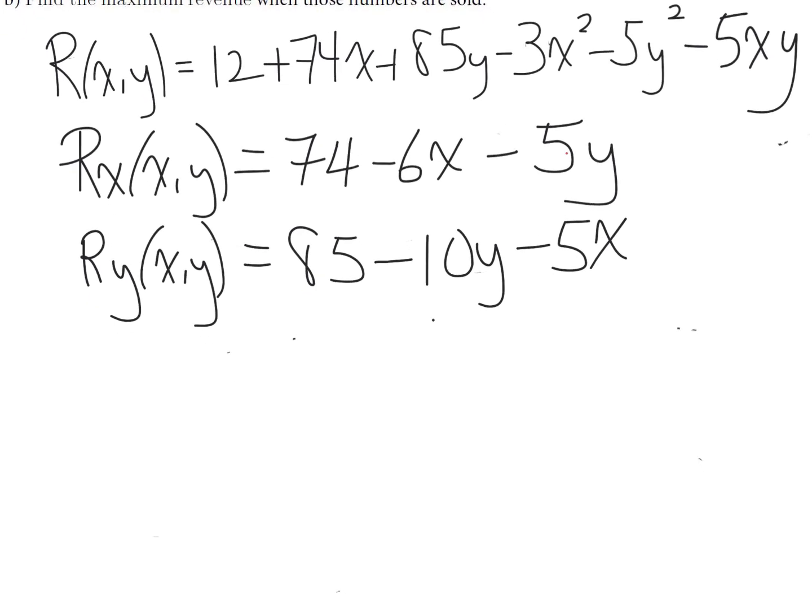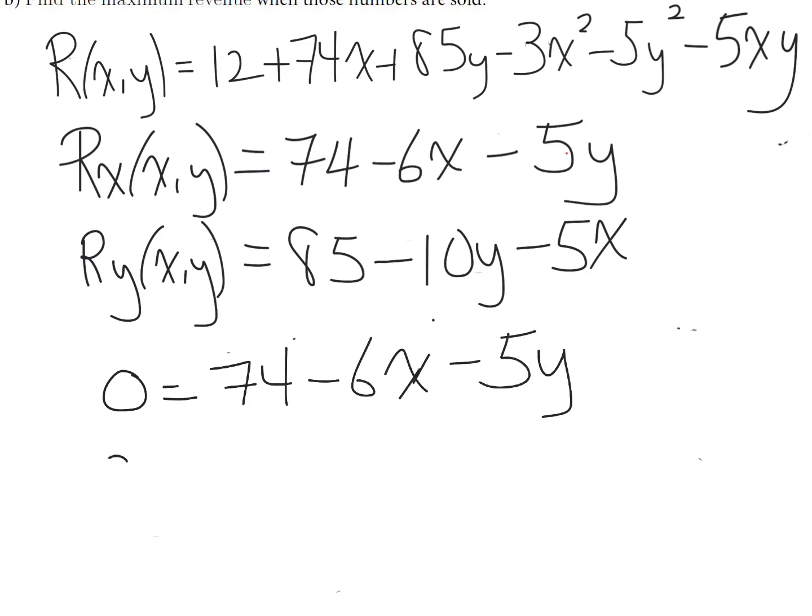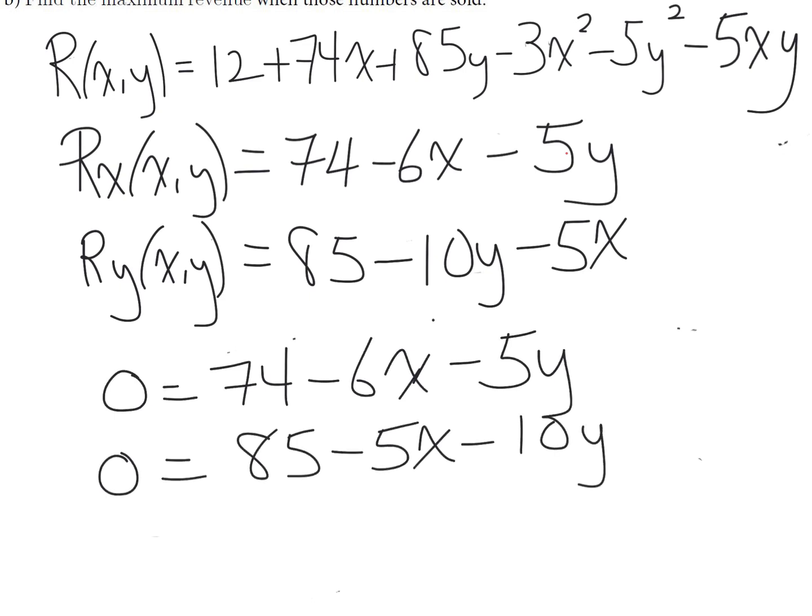Yeah? Okay. So now remember, I'm setting them equal to 0, each of them. And what I'm going to do is rearrange the terms so that I line up the x's above or below the other x variable and the y variable below the y variable, so we're not getting confused.